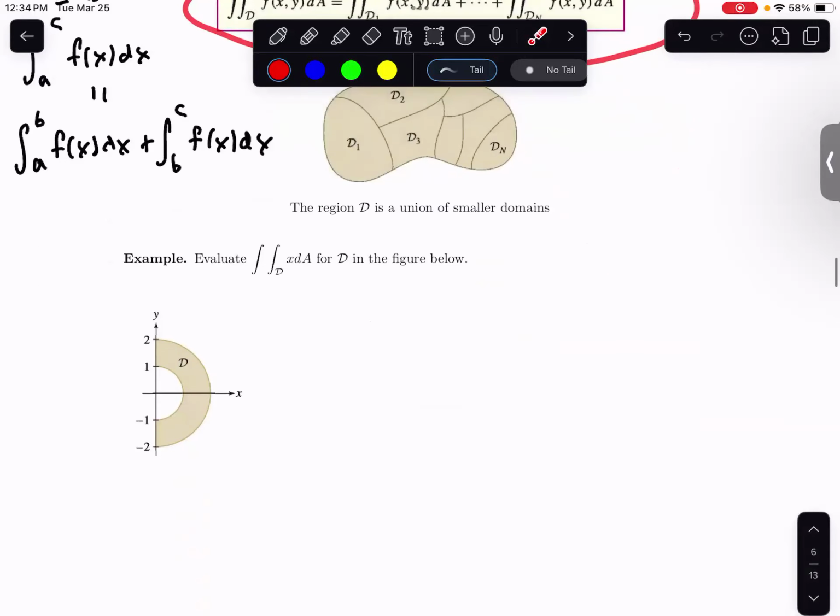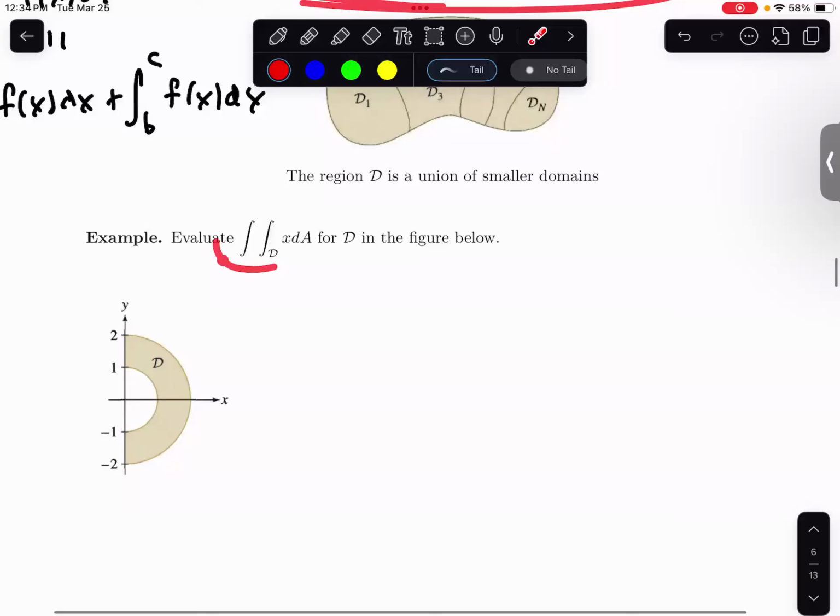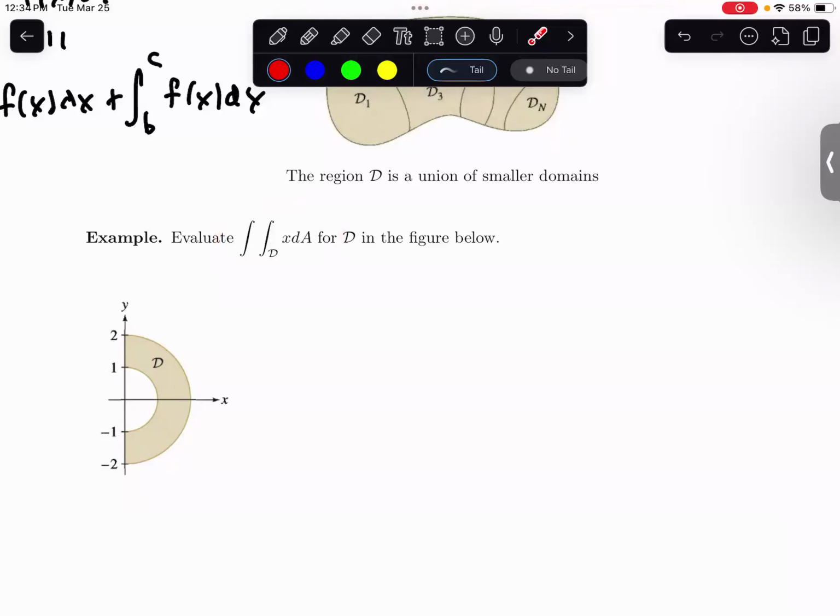For this example, it wants you to evaluate the double integral of x over the region D, where D is the following, half of an annulus. An annulus is something that looks like this. We only have half of it, so it's half of an annulus. It wants you to integrate x over this domain that we have here.